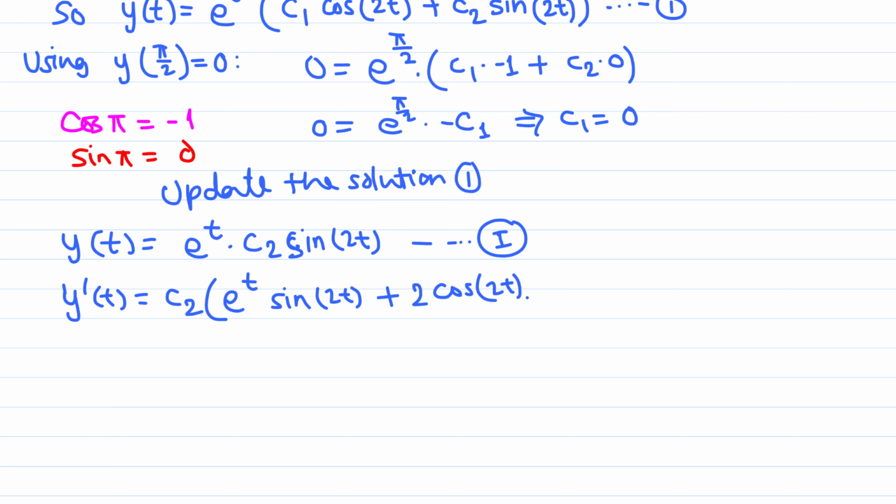That's the derivative of the second times the first, e^t. Our final answer is given from here as soon as we find the value of c2.